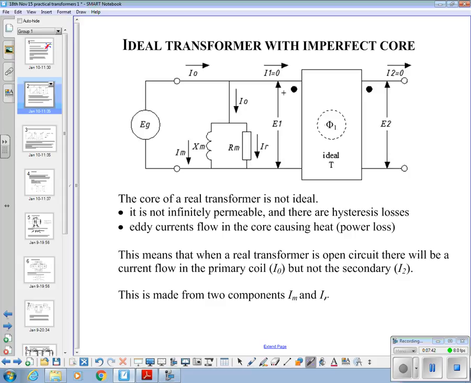Remember what we've always said, it's only the resistors that will do real work for you, in this case generate unwanted heat, but they are actually using power. Okay, the XM is representing the magnetizing current needed to magnetize the core.